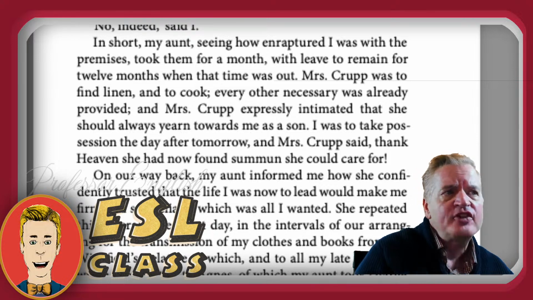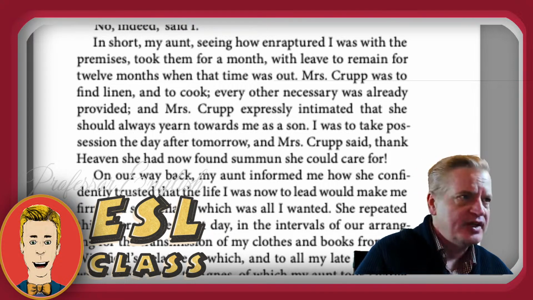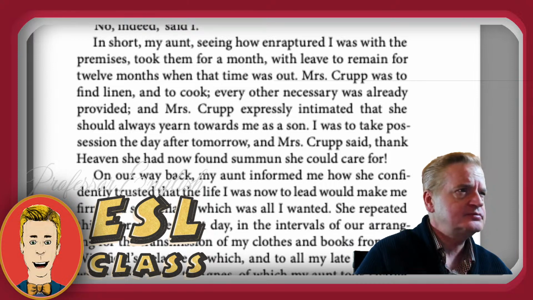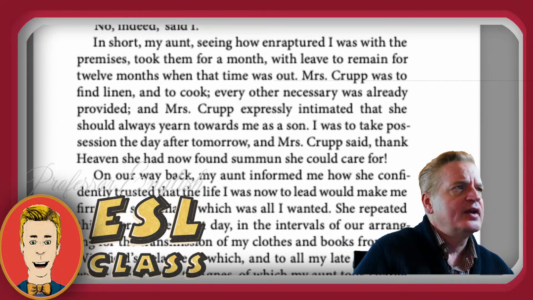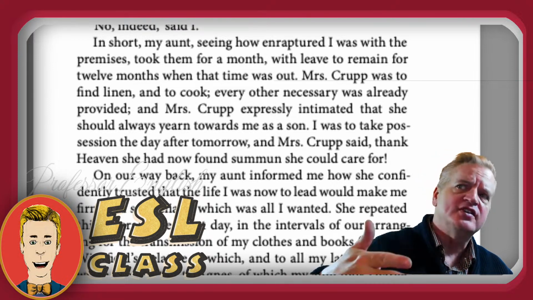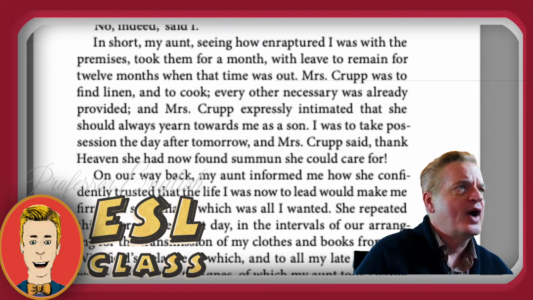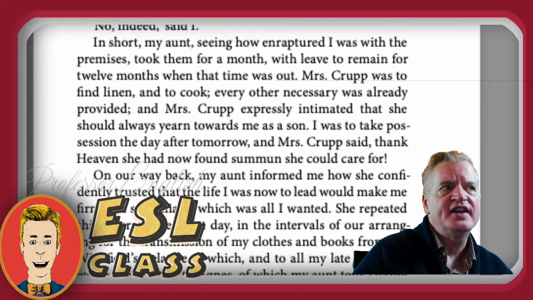I think enraptured, which means very, very happy, the happiest you can possibly be. And I think premises. Premises in this case means rooms, apartment. So I was very happy with the apartment is what this means. So I think maybe seeing, enraptured, and premises should be our focus words.